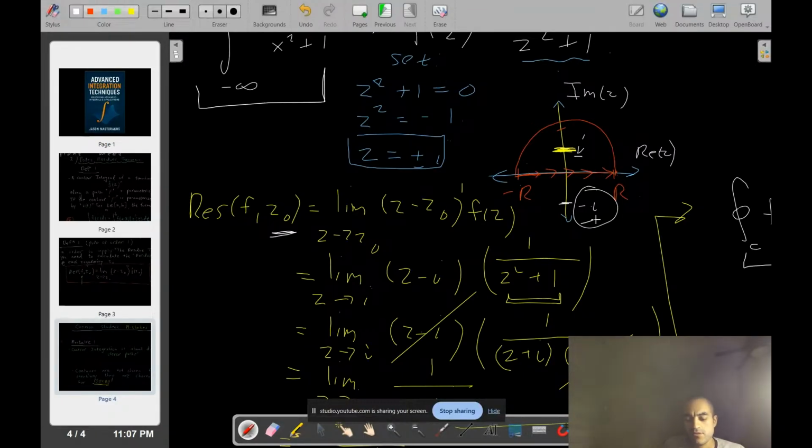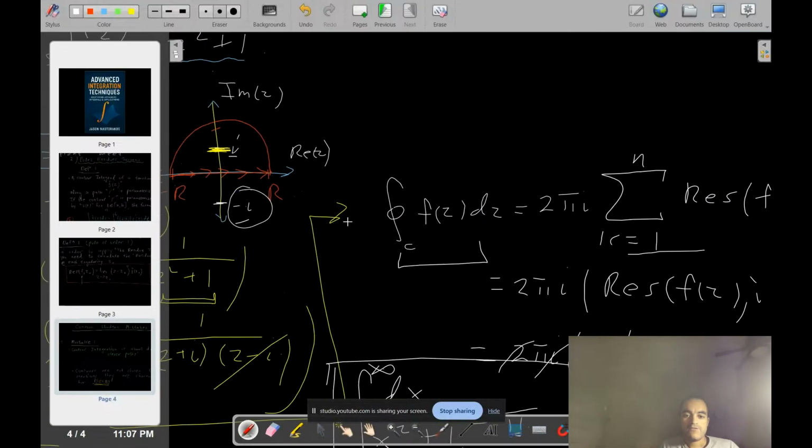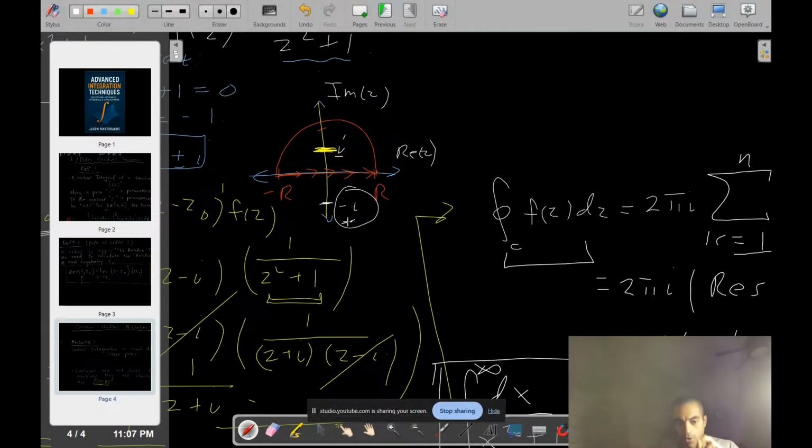Another reason why having equal and opposite poles does not give us 0 is that you can only use the residue theorem if and only if your pole is located inside of the contour. i is located inside the contour.